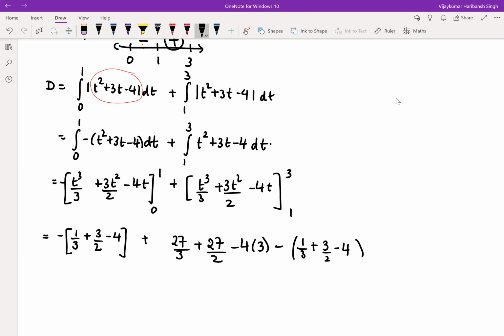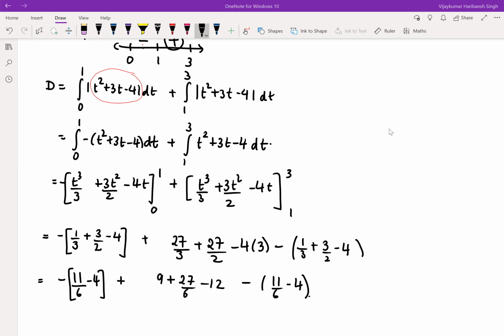Now we need to simplify this. So let's see, what do we get? Here we get minus 1 by 3 plus 3 by 2 minus 4. So that is going to be minus 11 by 6, since 2 plus 9 by 6 is 11 by 6, minus 4, plus 9 plus 27 by 6 minus 12 minus, again, this is going to be minus 11 by 6 minus 4.